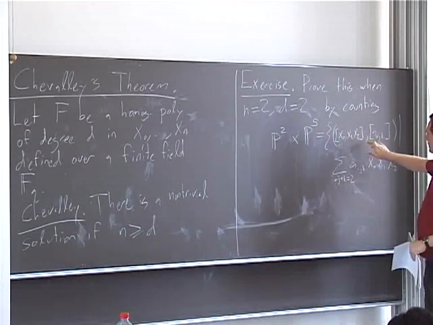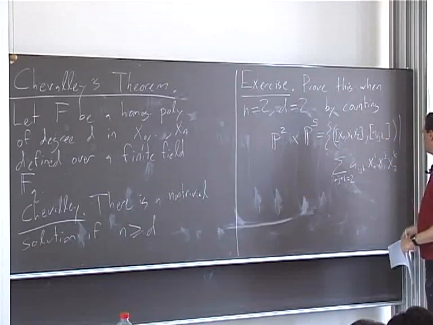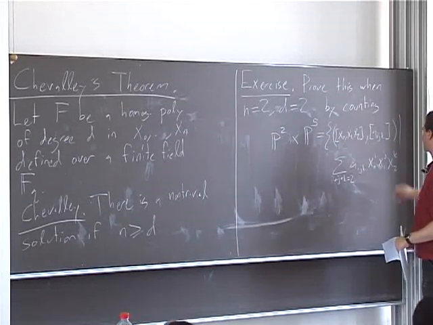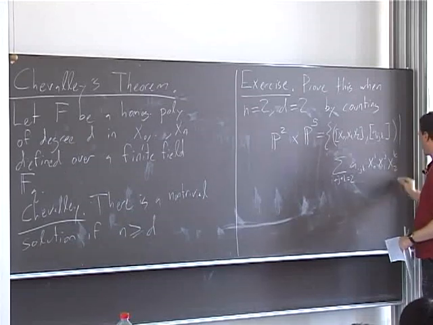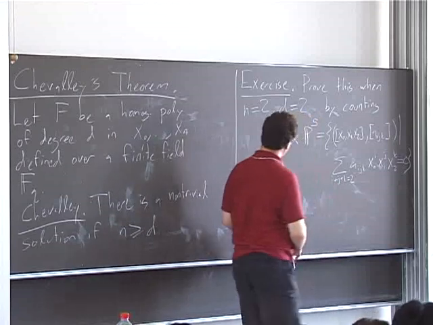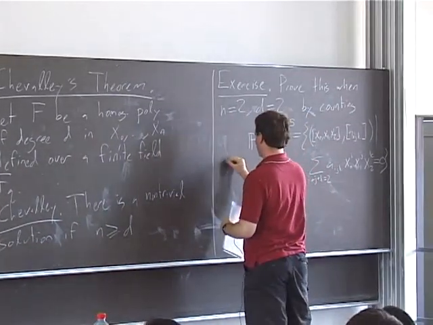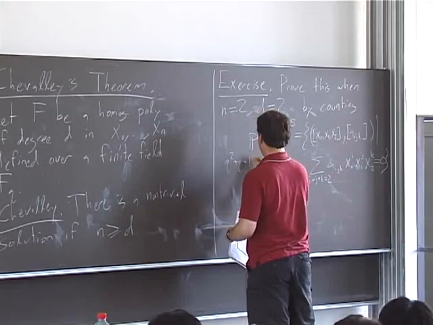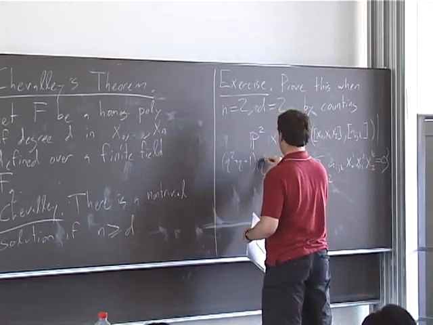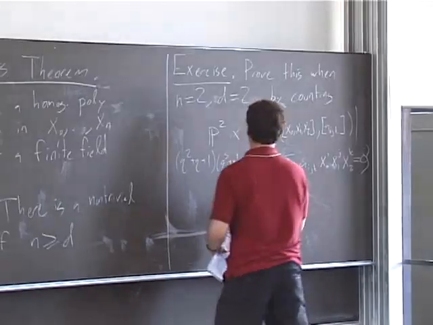So we can look at the set of all pairs of a point in P2 and a polynomial on P2 such that the point is contained in the zero set of this polynomial. So the polynomial vanishes at the point. And of course, you can count how many points there are here. Obviously, there are q squared plus q plus 1 points in P2, and q to the 5th plus q to the 4th plus dot dot dot plus q plus 1 points in P5.